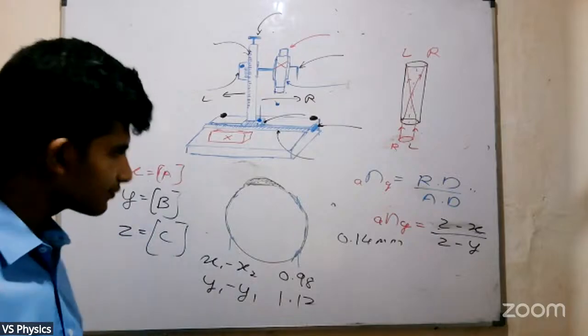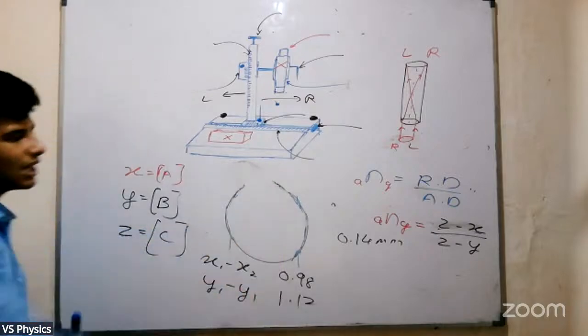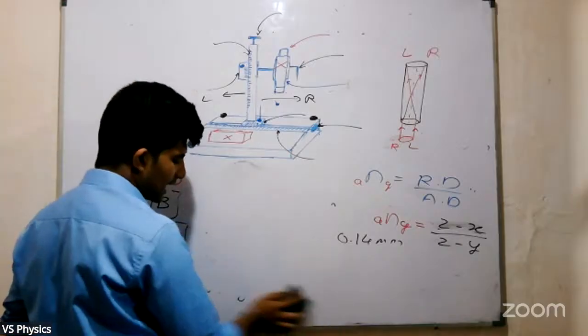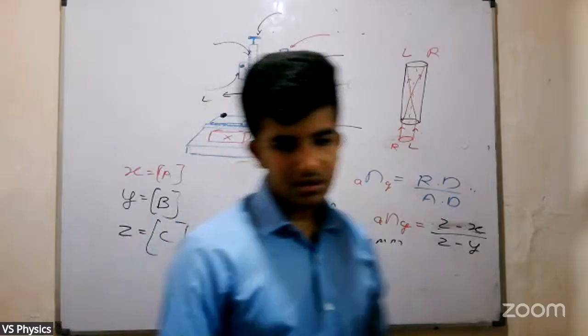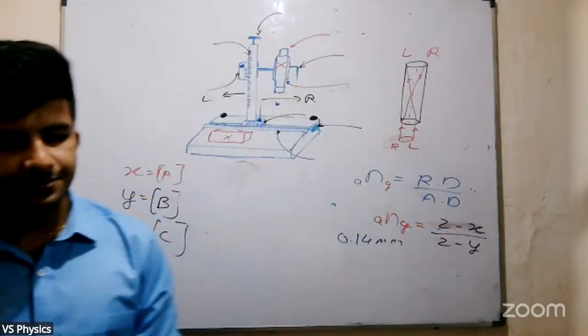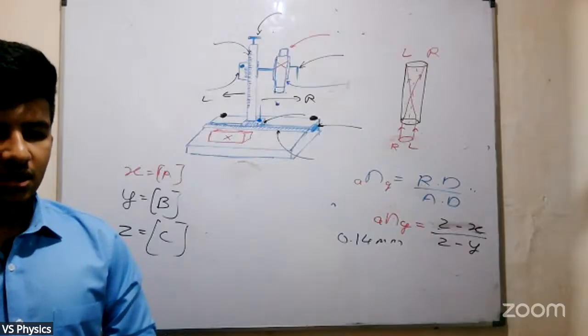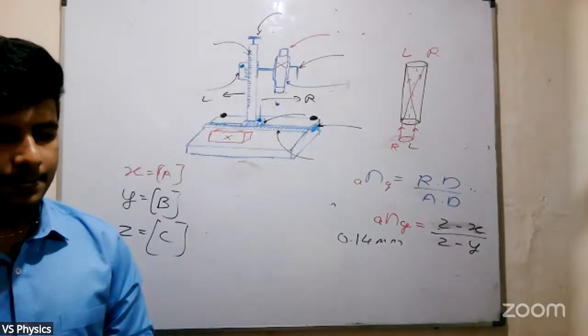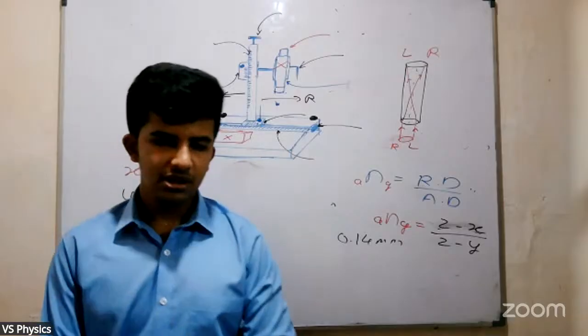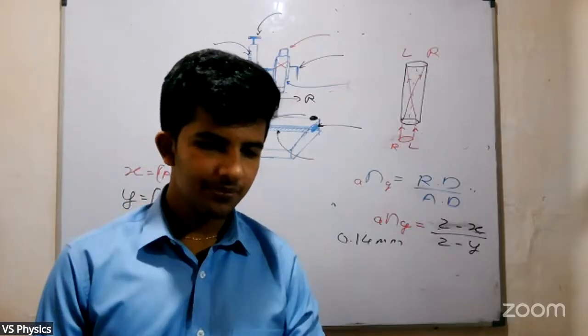Okay, next. That's an external factor, you will find out when you do the experiment. Next, you have to level the base. You know this. You have to use the spirit level to level the base.